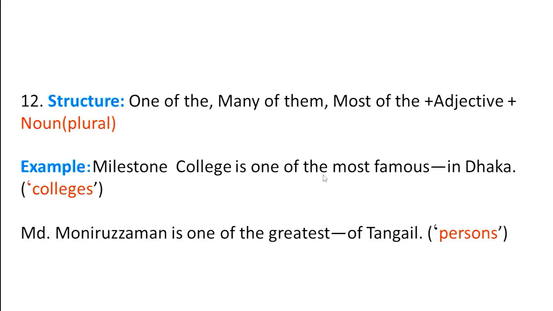Milestone College is one of the most famous dash in Dhaka. You can use here colleges in Dhaka. Colleges here, colleges is plural noun. Another example, Mr. Monirujjaman is one of the greatest dash of Tangail, persons of Tangail.